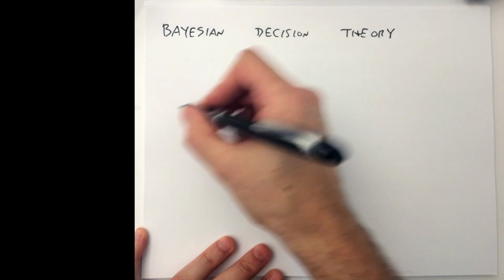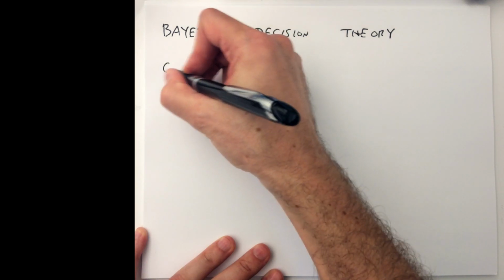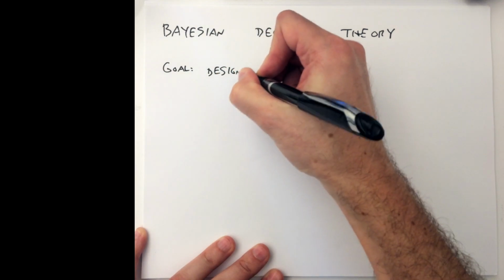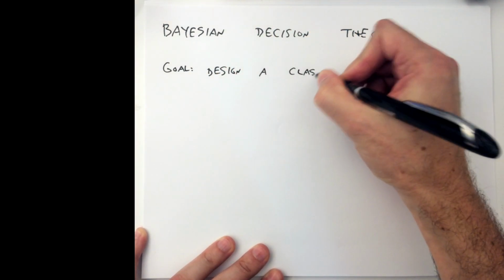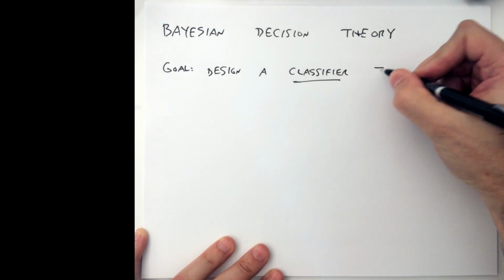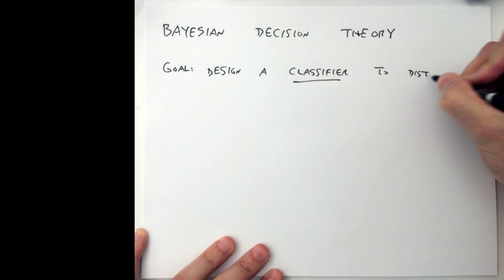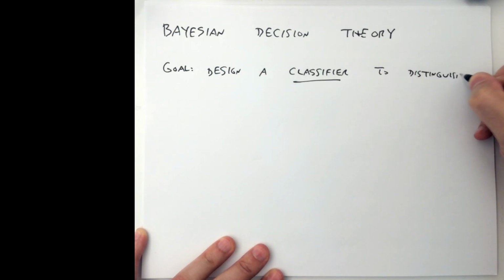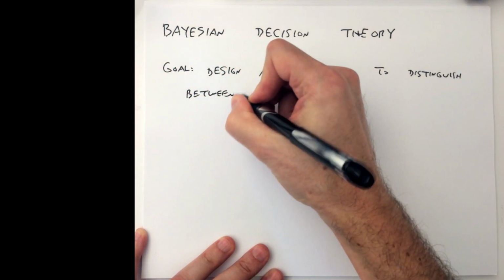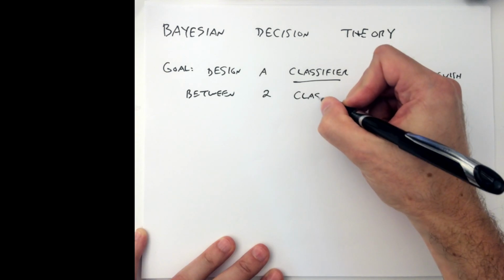So here's the idea. We're trying to design a classifier to distinguish between two classes.